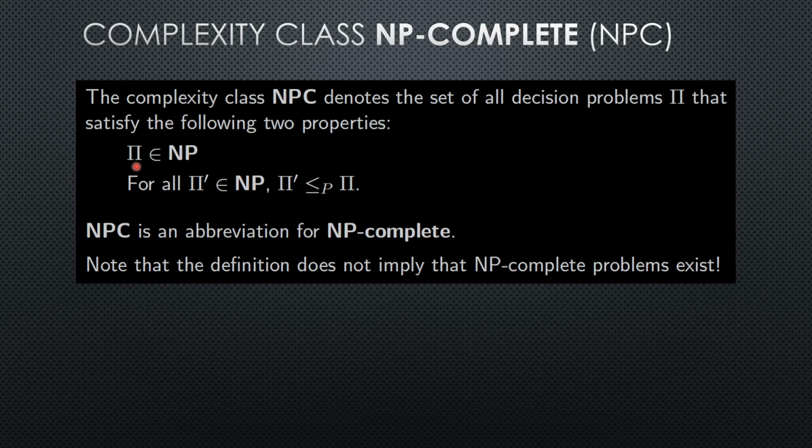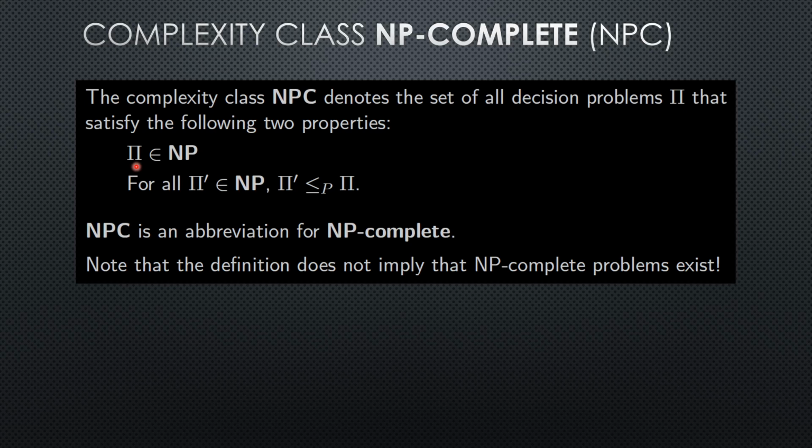Now, note that this definition doesn't necessarily imply the existence of any NP complete problems. It doesn't immediately follow from the definition, because it may just be that there are problems in NP that can't be reduced to each other in polytime.